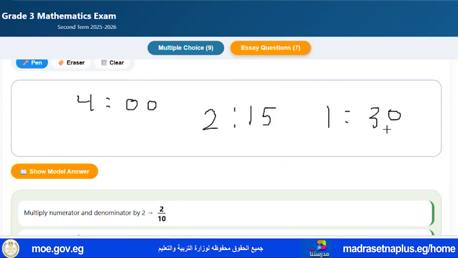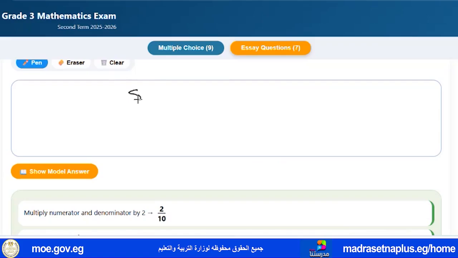Can you read it? Yes, it's 1:30 or half past 1. Good. If I ask you to get the elapsed time, you have the start time, elapsed time, and end time. Fine.